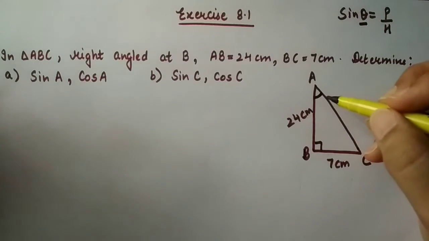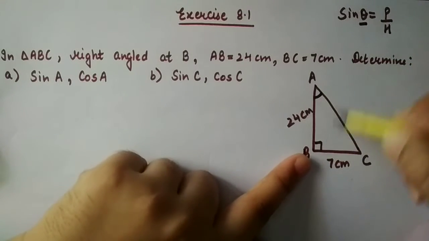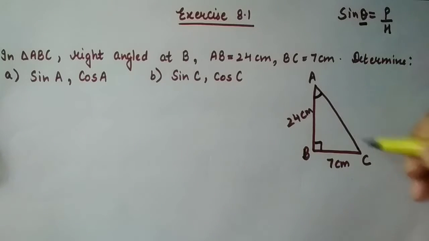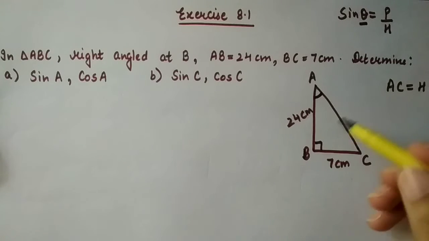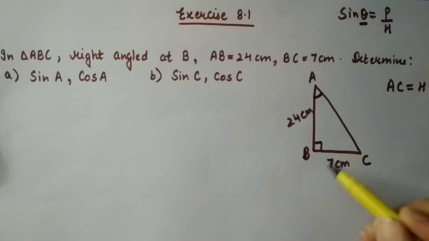Now first of all, let us see what is perpendicular and what is hypotenuse. We know that the side opposite to the right angle is called the hypotenuse. So here AC is our hypotenuse. The side opposite to angle theta, or the side opposite to angle A here, is BC and it is perpendicular.